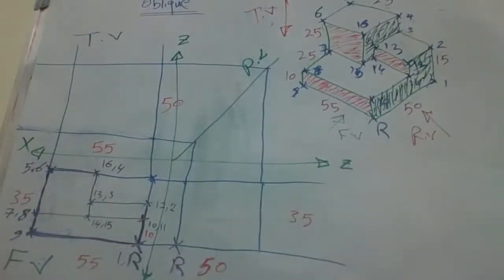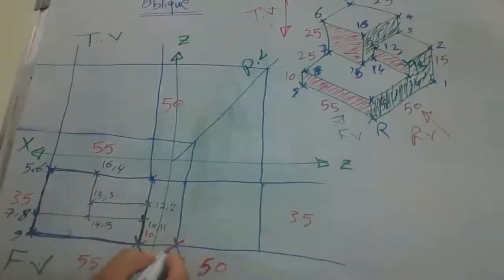Now, this is a point with a different color. Let me draw with a different one.